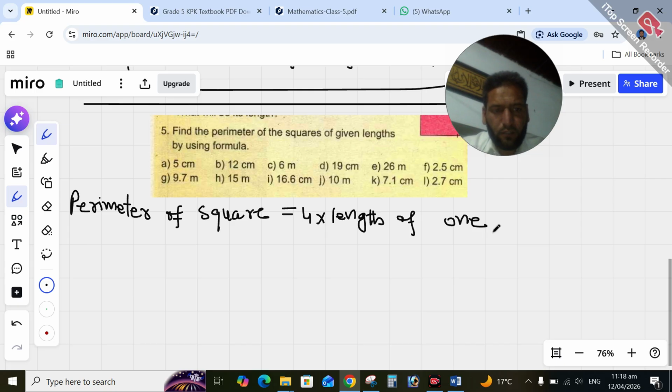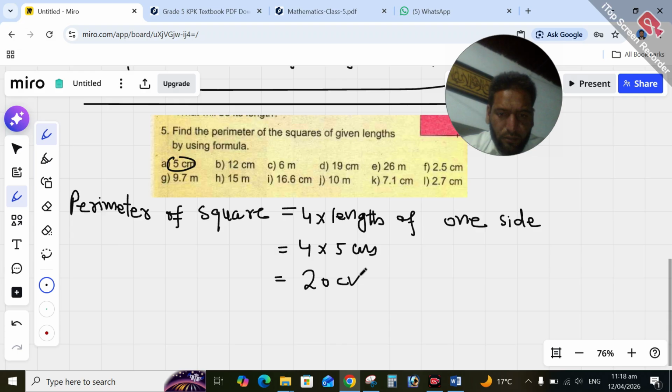This is the formula of the square shape perimeter. Okay, the first one side is given, that is 5 centimeter. So 4 times the length of one side, 5 centimeter. Perimeter of the square shape is 4 times 5 is 20 centimeter. So first question is 20 centimeter.